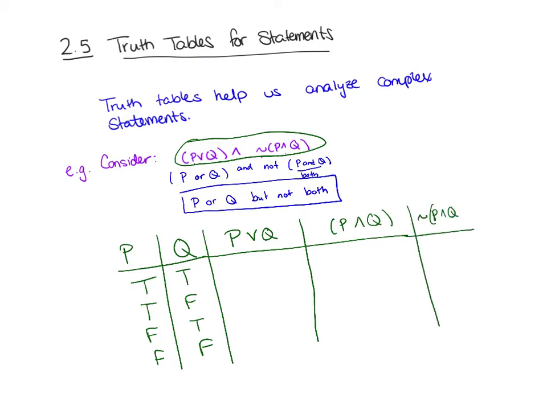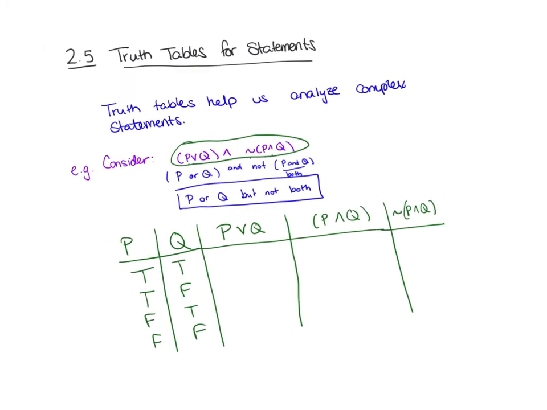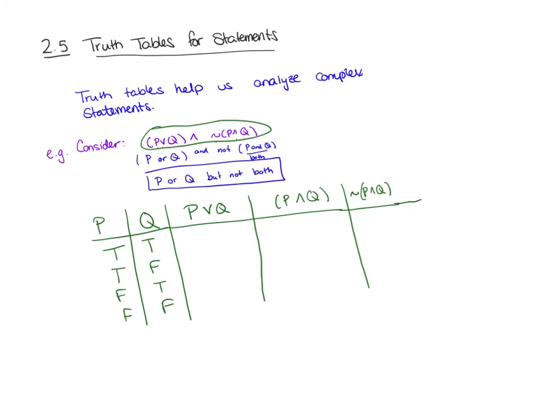And then finally, luckily I can resize here, I can put in my overall statement, P or Q and not P and Q. So if I call this one 1, this one 2, I can think of this as not 2, and I can think of this as 1 and not 2.